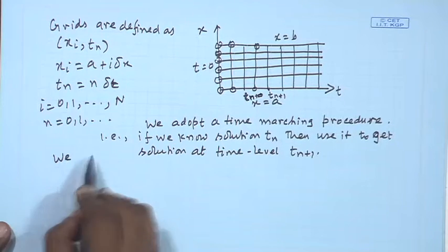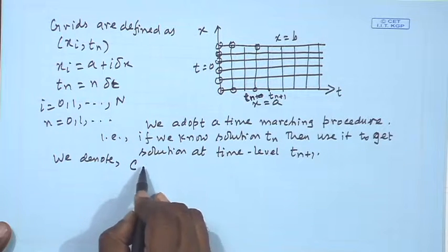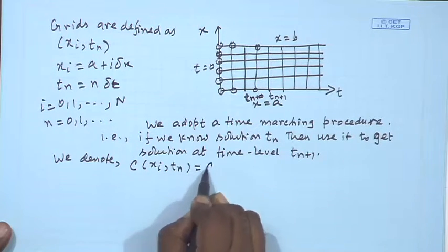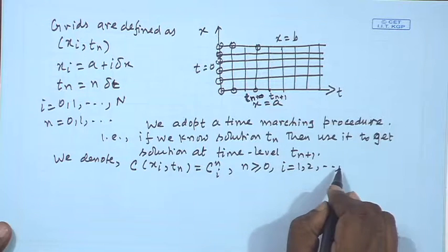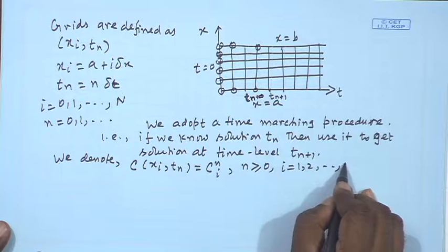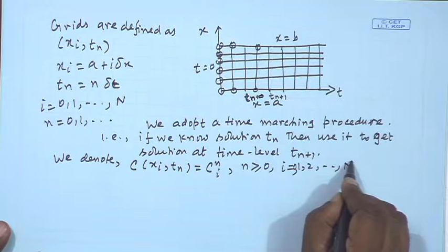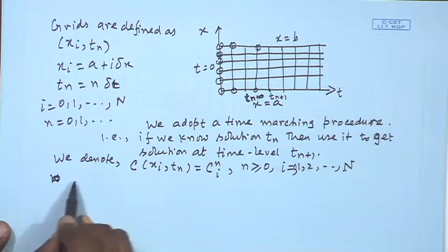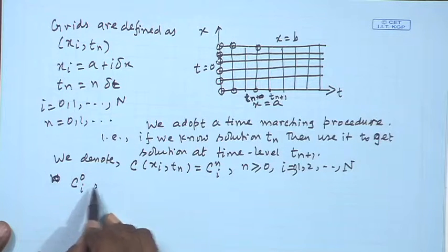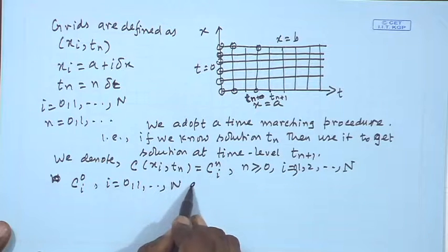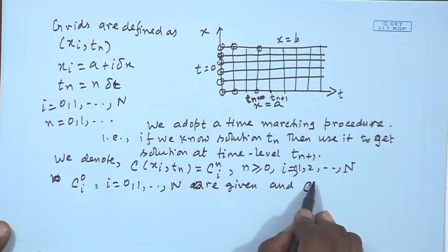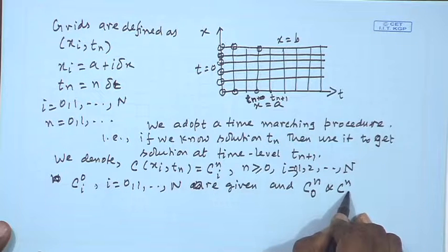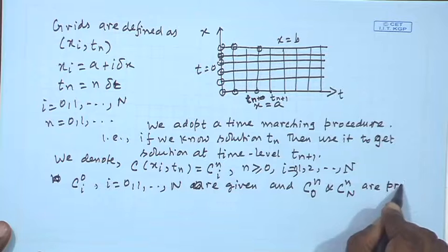So we denote C(x_i, t_n) as C_i^n, where n is greater than or equal to 0, and i varying from 0 to N, with 0 and N being the boundary points. So C_i^0 for i equal to 0, 1 to N are given, along with, at any time level, C_0^n and C_N^n are provided. These are the boundary conditions.